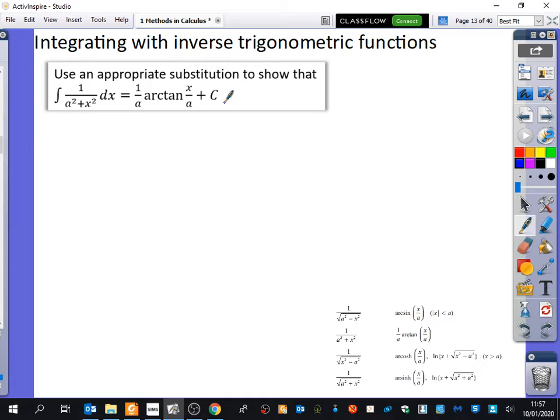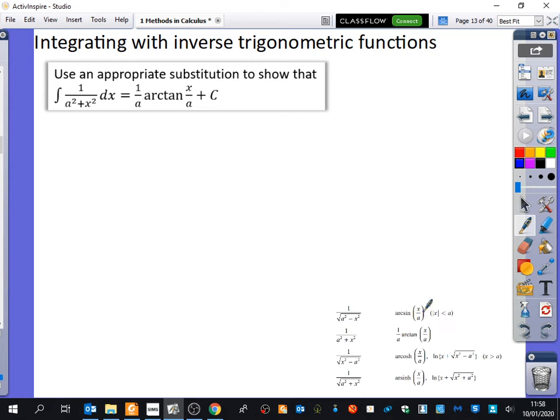The way that we show any of these four that I've got written down here is by using a substitution. The substitutions that we're going to use are all clues in the answer. The formula book tells you which substitution you should be using.